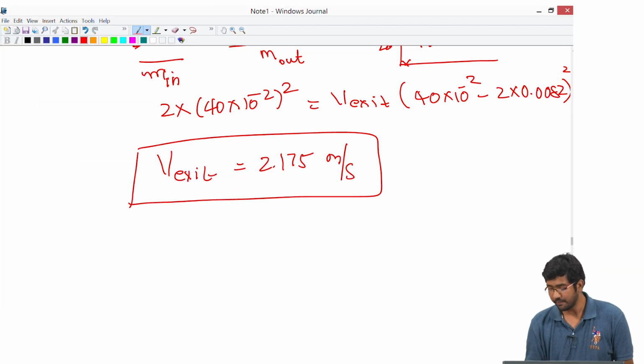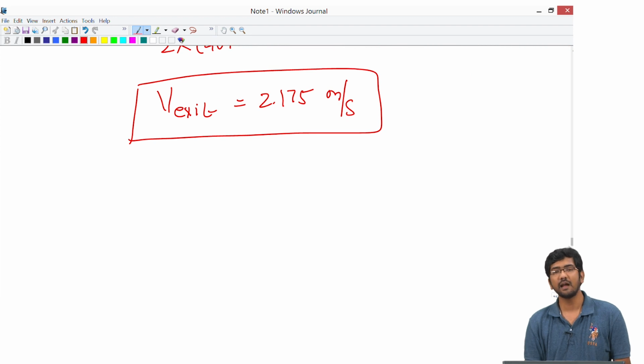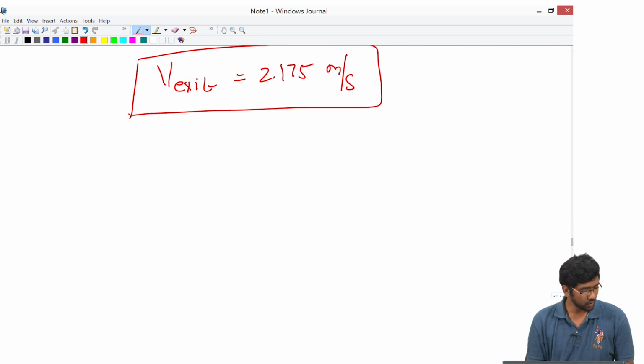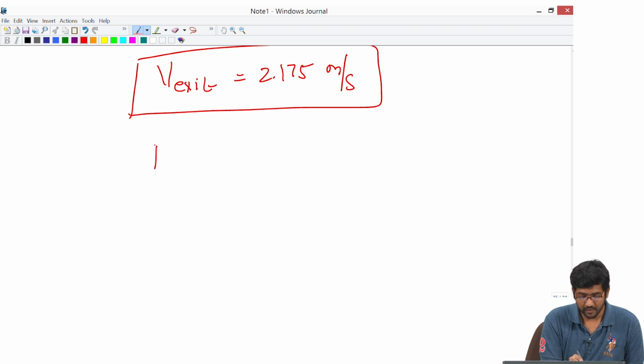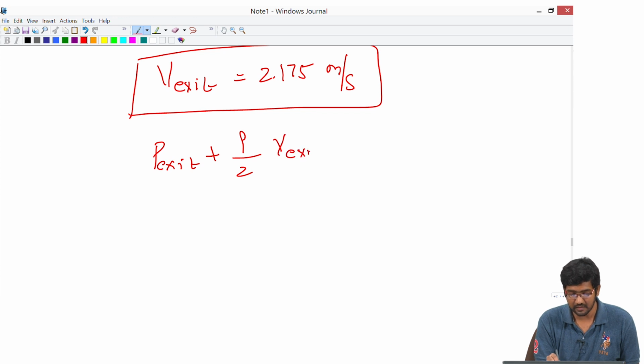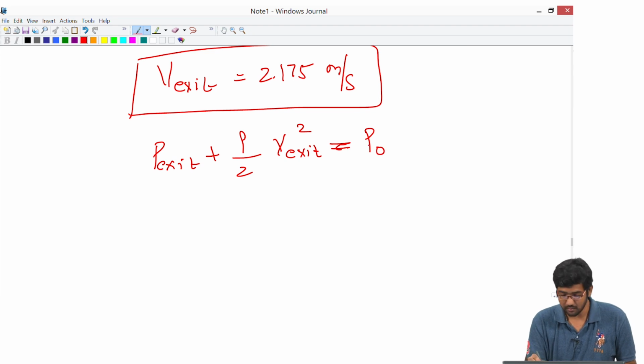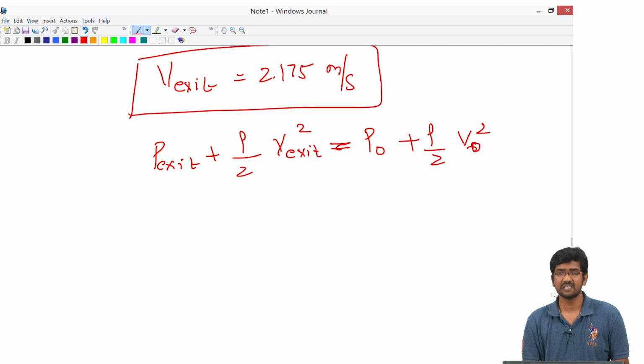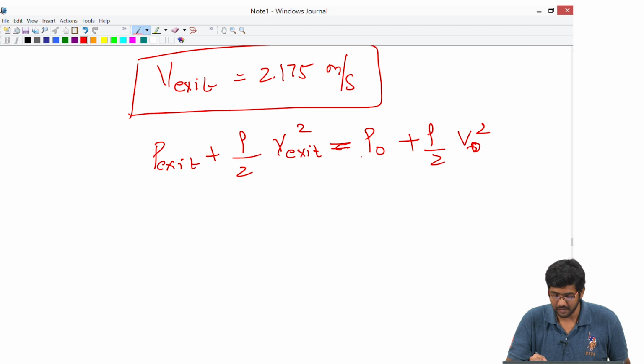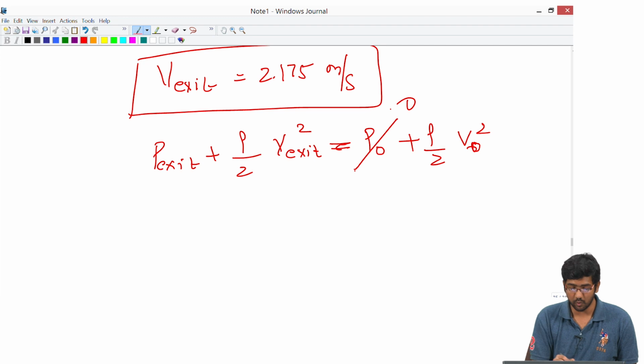To calculate the pressure, because we have velocity data and we have an inlet pressure, we can impose the Bernoulli equation, which is P exit plus rho V exit square by 2 equals P inlet, or I will define as P0 plus rho by 2 V0 square. As the inlet pressure is atmospheric pressure, let us work with the gauge pressure, which means we are subtracting the atmospheric pressure from the given pressures. Therefore, as inlet pressure is already 1 atmosphere, this goes to 0 because we are looking at the gauge pressure.